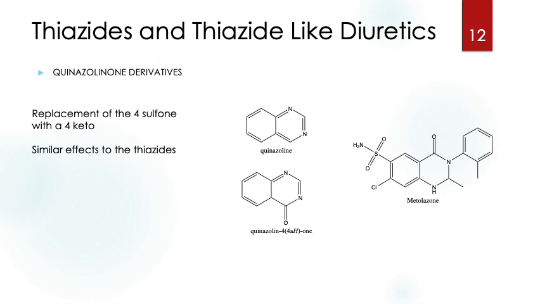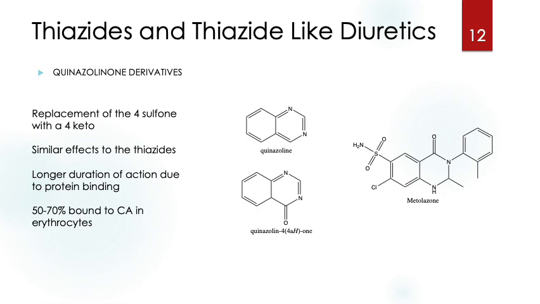Most practitioners simply refer to them as thiazide diuretics without really stepping into the difference between thiazide and thiazide-like diuretics. They have a longer duration of action because they bind to proteins.